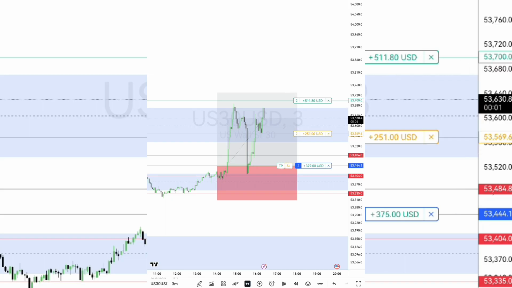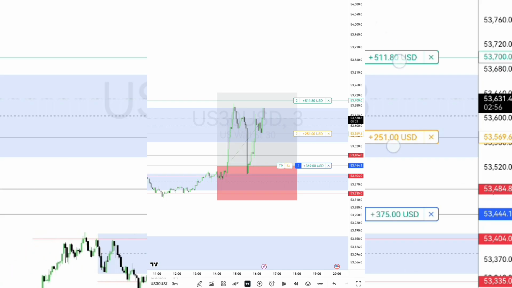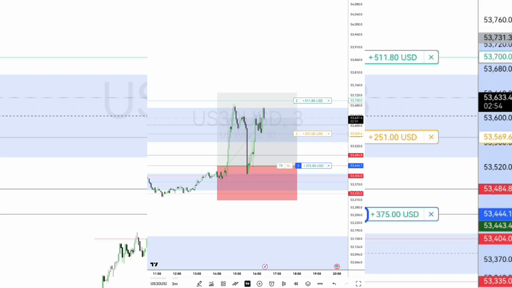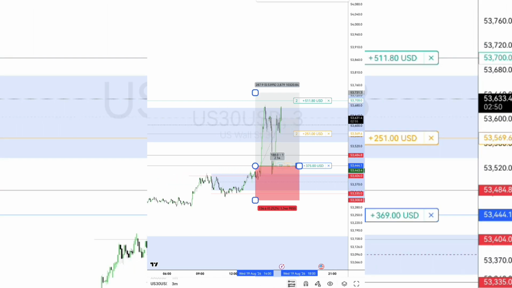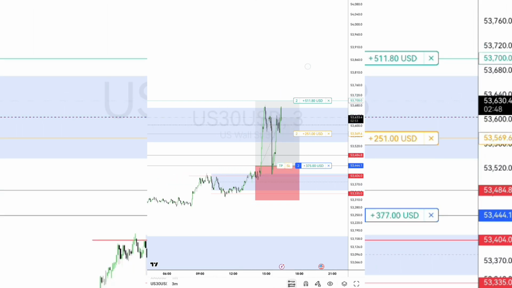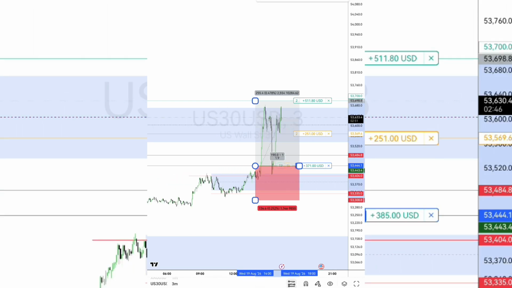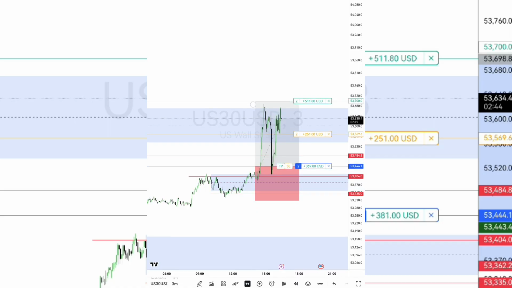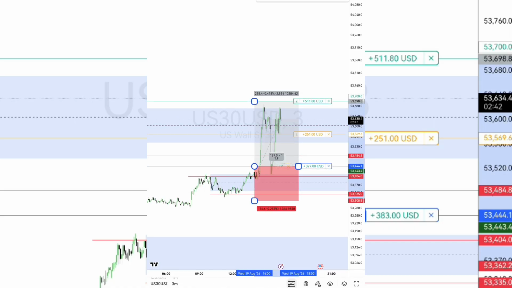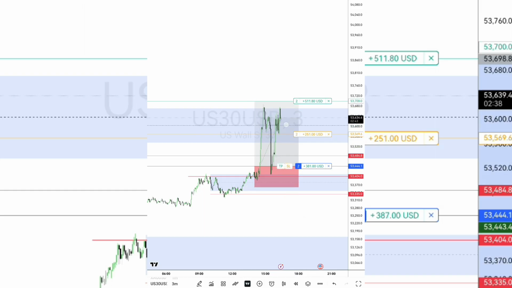At this high, the moment price tips it out, I'm out. That's the high that I'm expecting price to go to, and then take me out, and that's TP, and we are done.